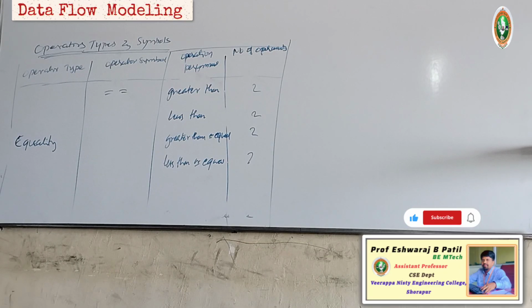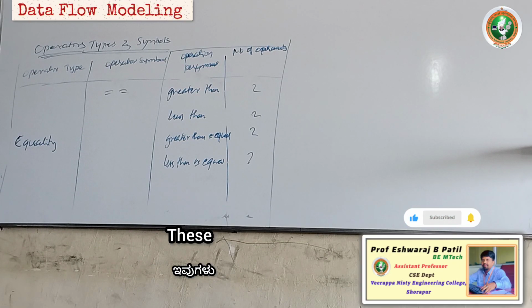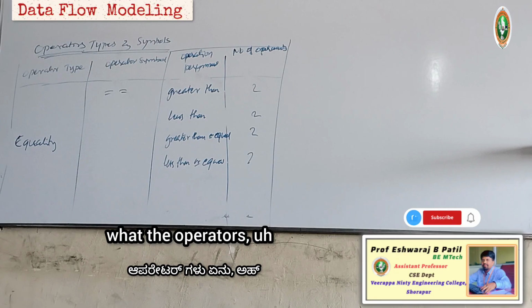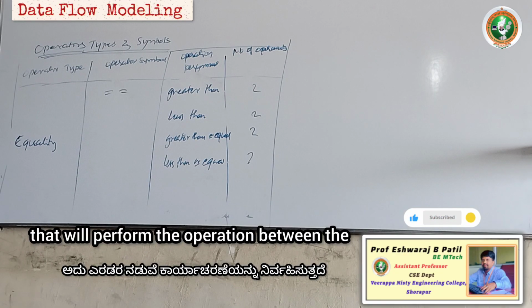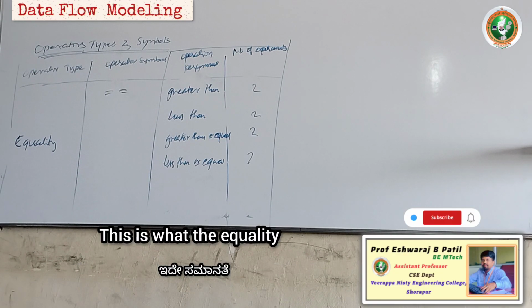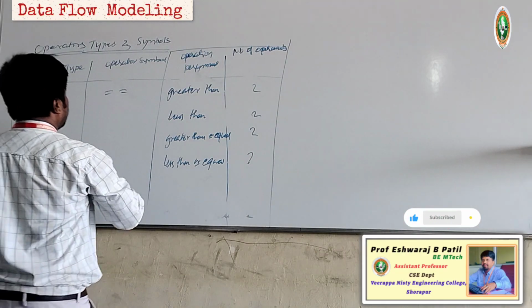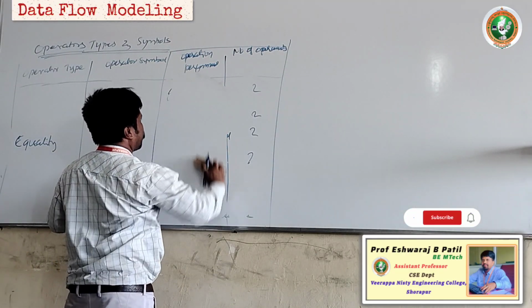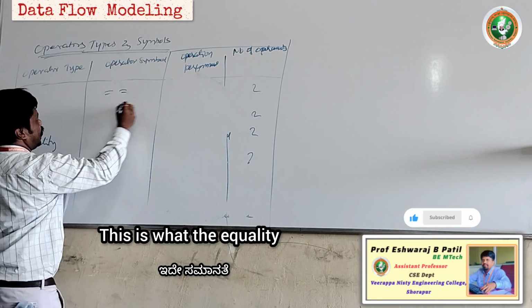Why do we write two equals? Because to check equality between two operands, we can't show it as a equals to b. We have to show it as a double equals to b. These are the operators that perform the operation between the two operands. This is the equality.